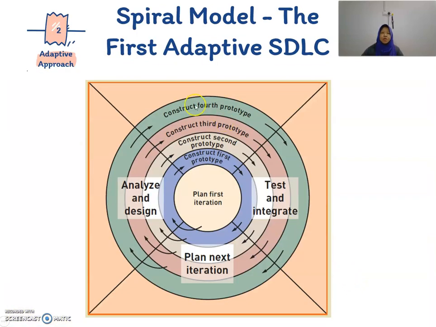Now let's take a look at the adaptive approach. The spiral model is the first adaptive system development life cycle.